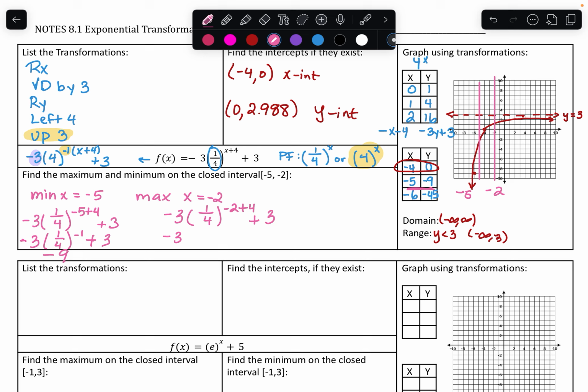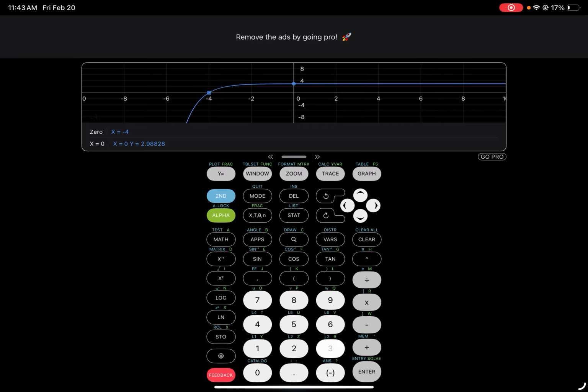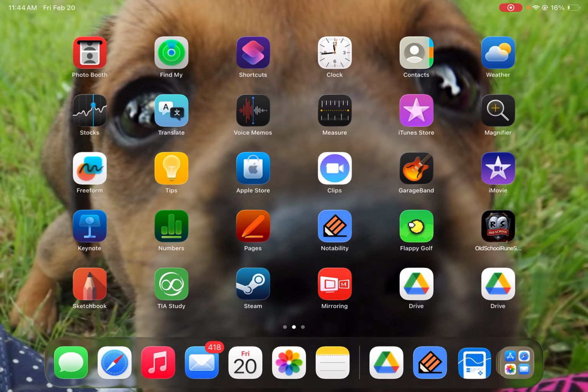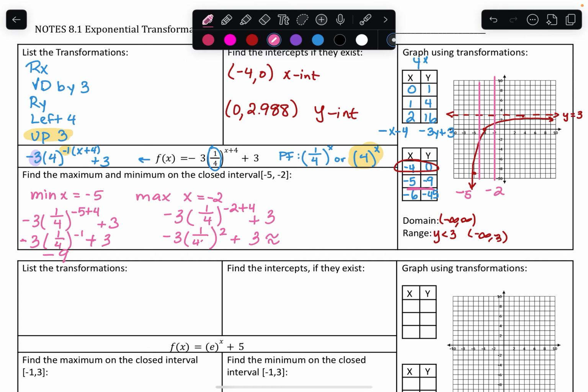From here we have -3, and then we have 1/4 squared plus 3. We get 2.8125. So I'm going to round that to 3 decimal places, and I get 2.813.